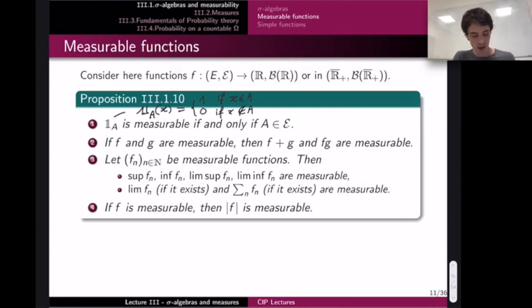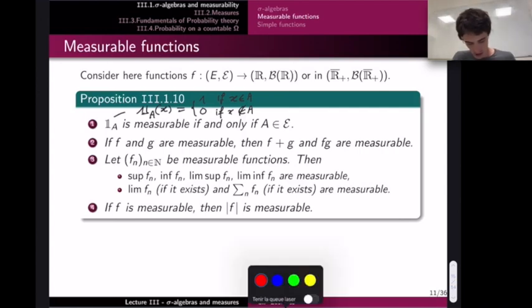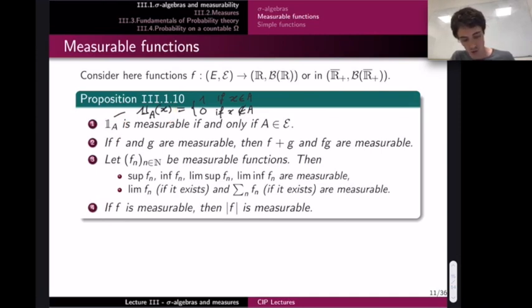So here are some properties of measurable functions. First, the indicator function, which is defined here, so I recorded it for you: 1A of x is equal to 1 if x is in A, and 0 if x is not in A. Then 1A is measurable if and only if A is in E. The sum and product of two measurable functions is measurable, which is very useful.